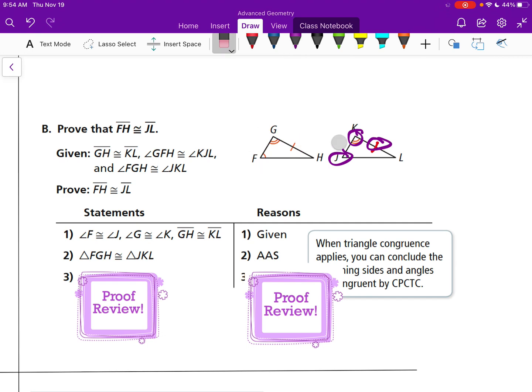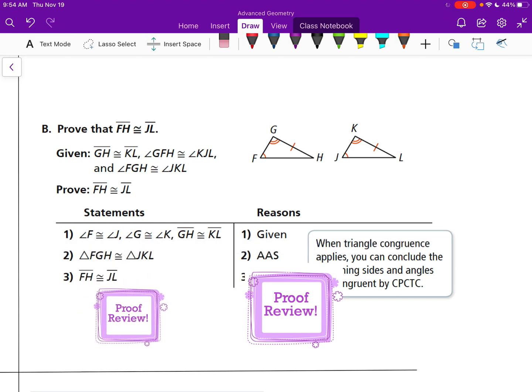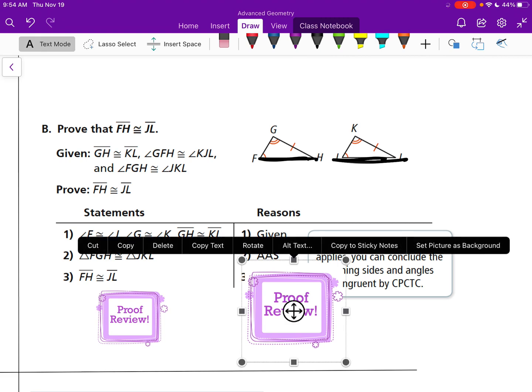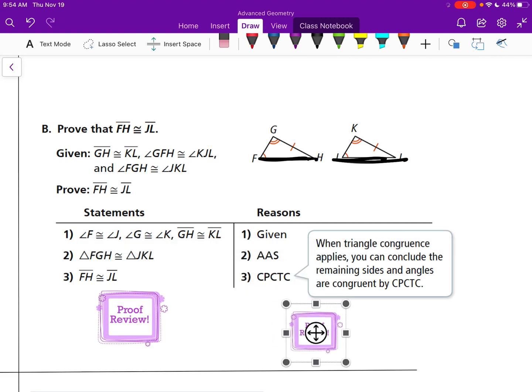So we know that those triangles are congruent, which is really helpful, because then, ending the proof, those two sides have to be congruent to each other, FH and JL, because corresponding parts of congruent triangles are congruent.